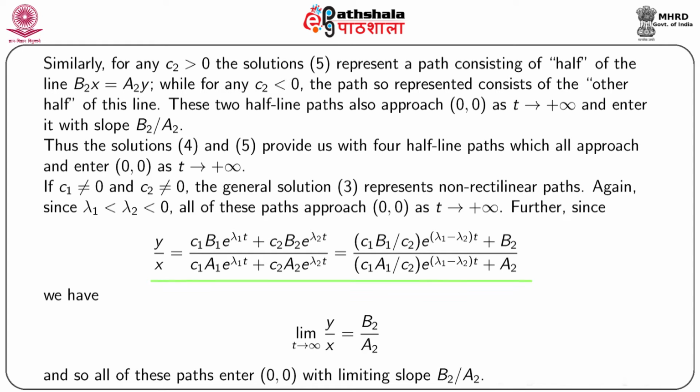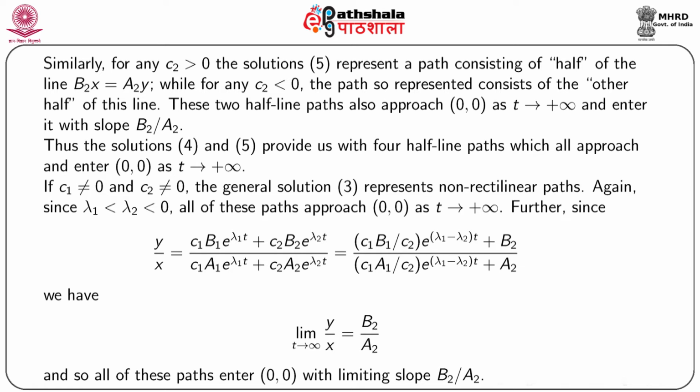If we take common C2 b2 e to the power lambda 2 t, we will be getting C1 b1 by C2 e to the power lambda 1 minus lambda 2 into t, and likewise the denominator. As t tends to infinity, we can see lambda 1 minus lambda 2 is less than 0, and this whole term will tend to 0.